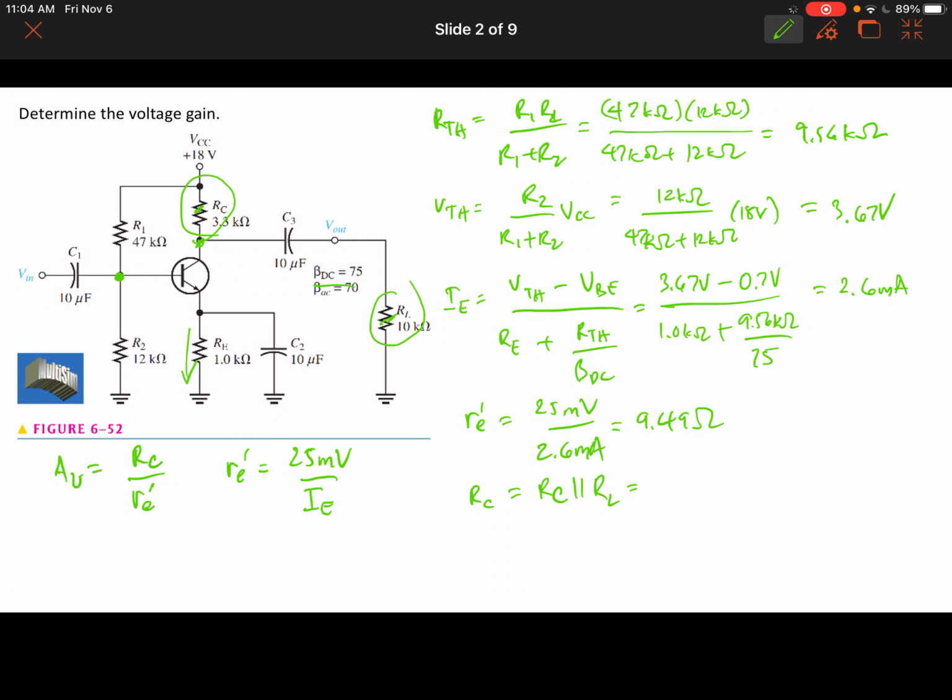This RC is 3.3 kilo ohms. RL is 10 kilo ohms. Solving for that, we have 2.48 kilo ohms.